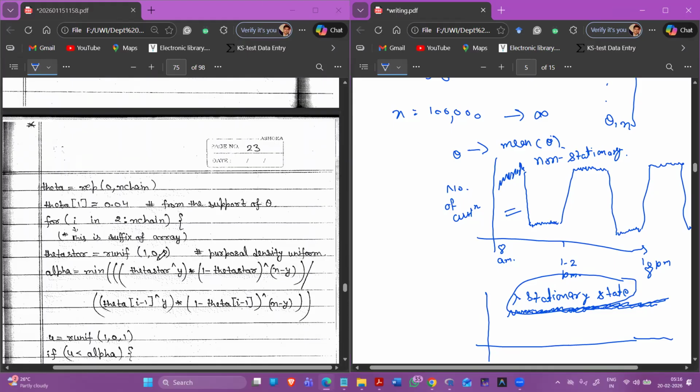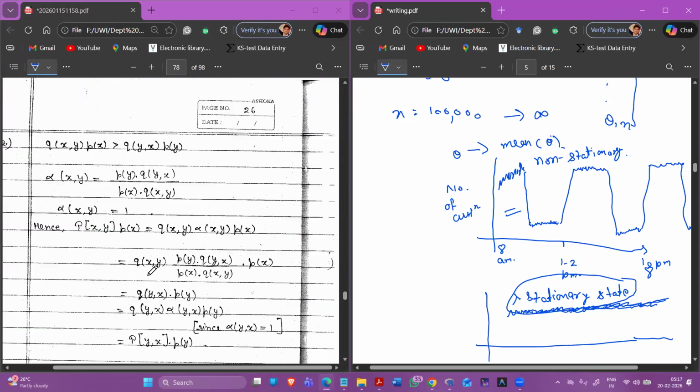Otherwise, if I assume a normal distribution, what will happen? I will get values between minus infinity and infinity. But what value can I take here? 0 to 1. So what is the suitable proposal distribution for me here? Uniform only, right? So that's why I chose uniform. That is one condition here.